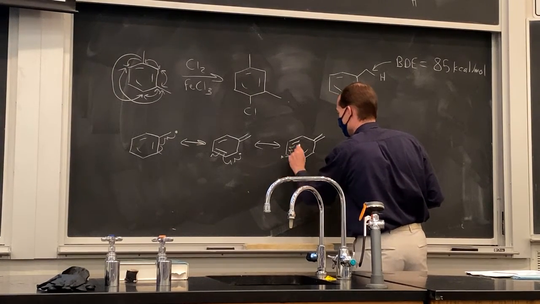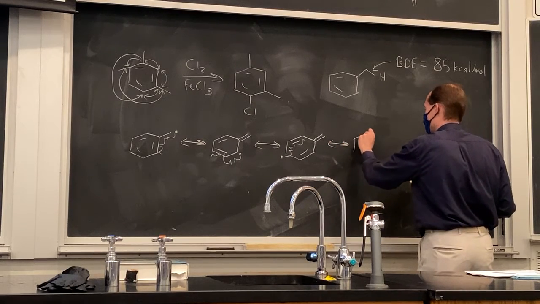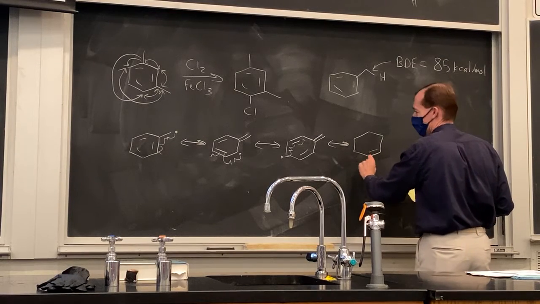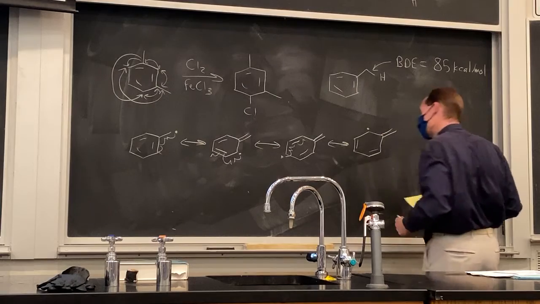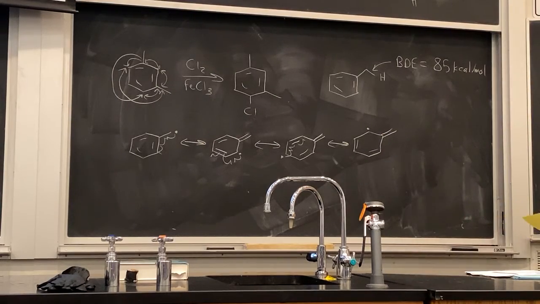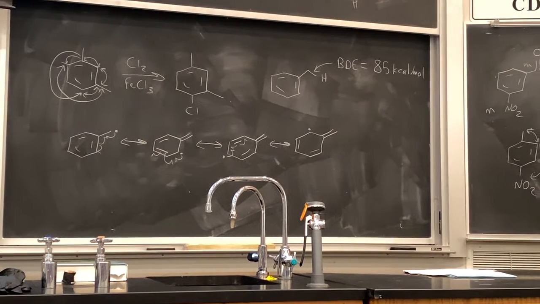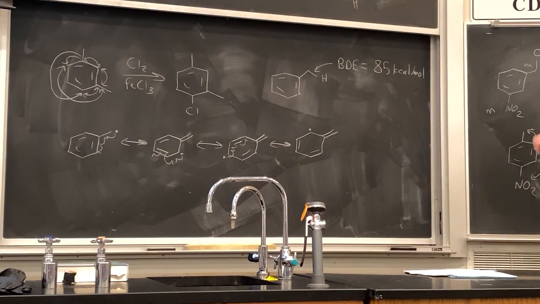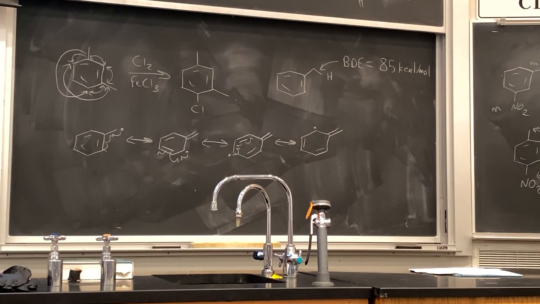We're just using our half-headed arrows because we're moving an unpaired electron around the ring as opposed to moving a positive charge or a pair of electrons around the ring. All right, so what you see is that the benzylic radical is resonance stabilized. There's 4 carbons that share that spin density. Do we have a major contributor? And if so, which one?